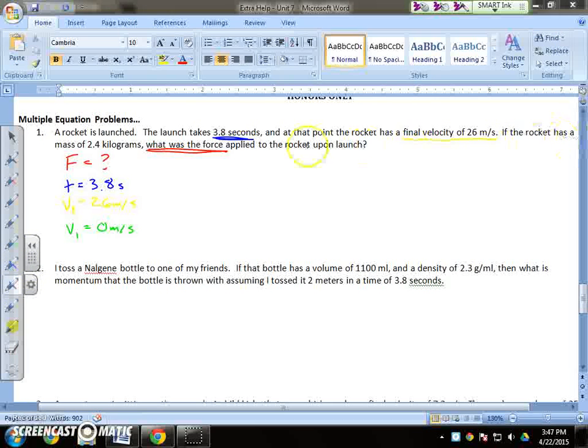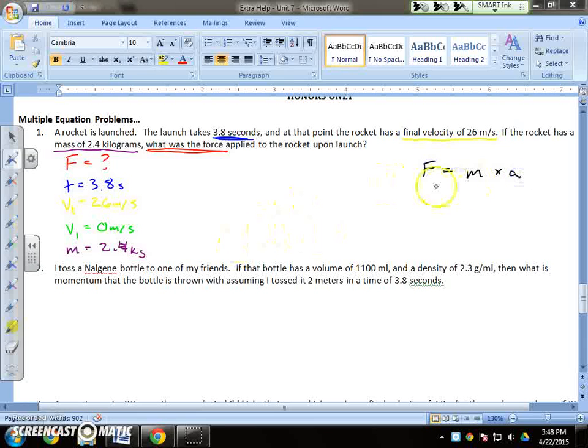Continuing through, if the rocket has a mass of 2.4 kilograms, so mass equals 2.4 kilograms, what was the force? So at this point, we have all of the information that we were given. We know what we're looking for. I like working backwards. I know that I'm looking for force, so I'll start off with force equals mass times acceleration.